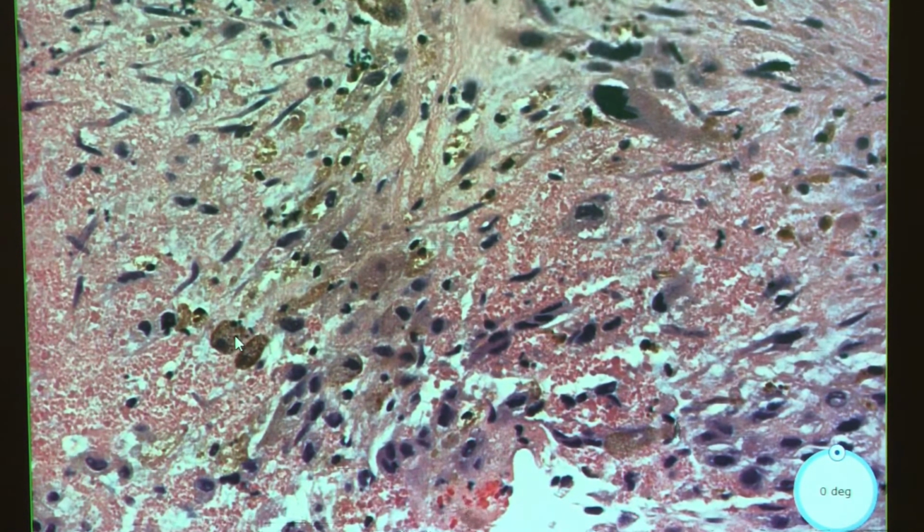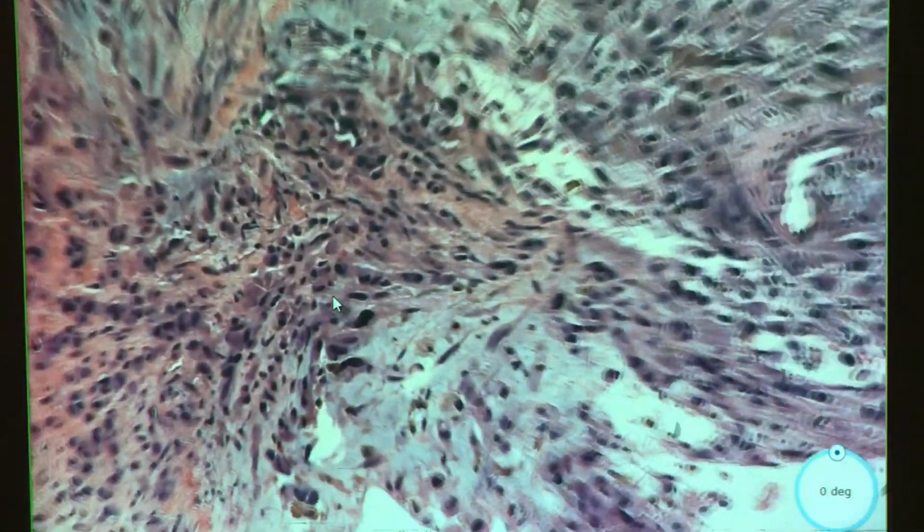Anybody that knows what this is or can hazard a guess? Look at those nuclei. Oh my gosh, that's scary. Okay, so this is pigment, melanocytic pigment. Just really crazy looking cells, but yes, lots and lots of pigment.